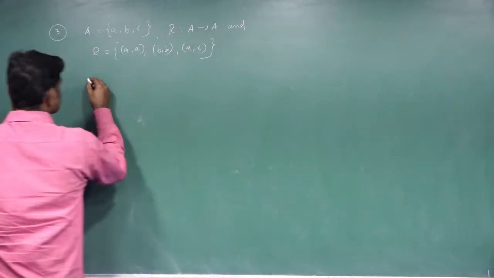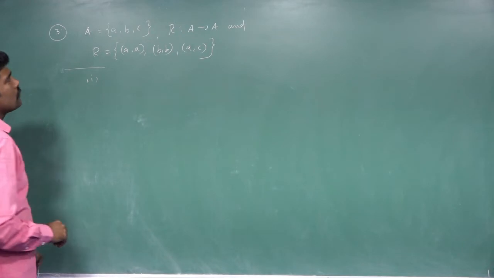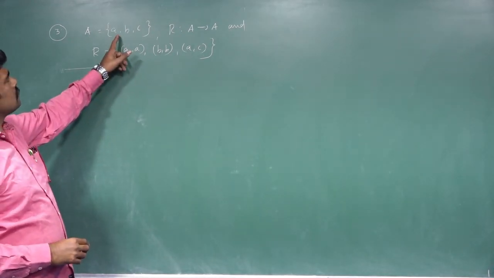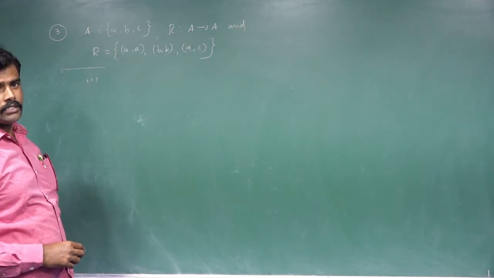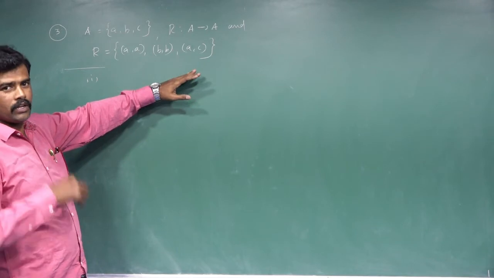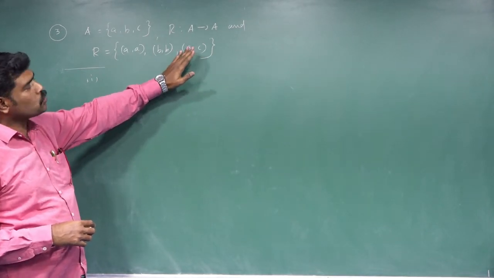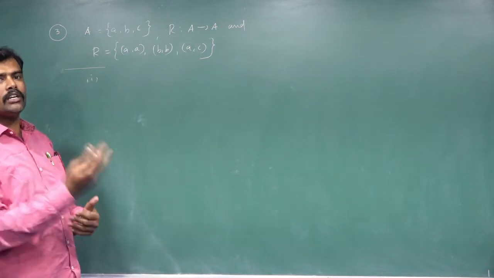First case, for reflexive. A contains 3 elements a, b, c. Then surely for reflexivity the pair (c,c) should be here in this relation R, but that is missed here. Then we should include that.